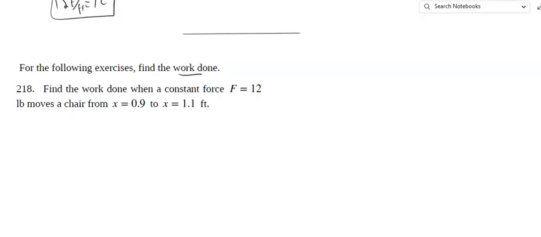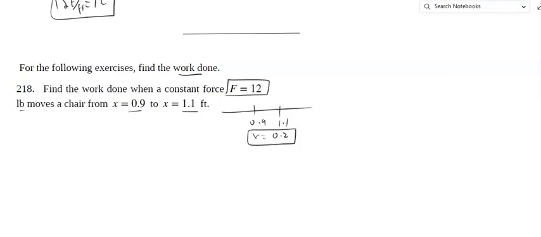Find the work done on the following problems. Find the work done with a constant force of 12. If the force is fixed, I'll show you 2 things. And you move a chair from 0.9 to 1.1. x is the distance, that is 0.2.